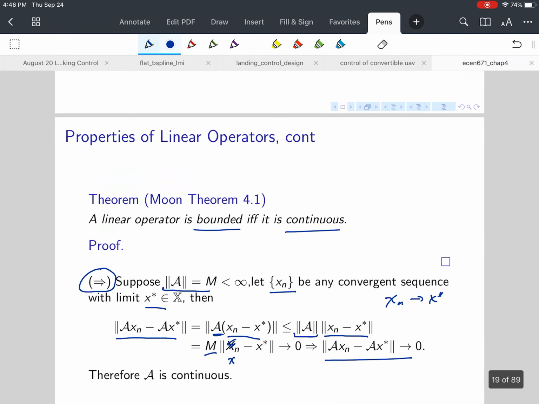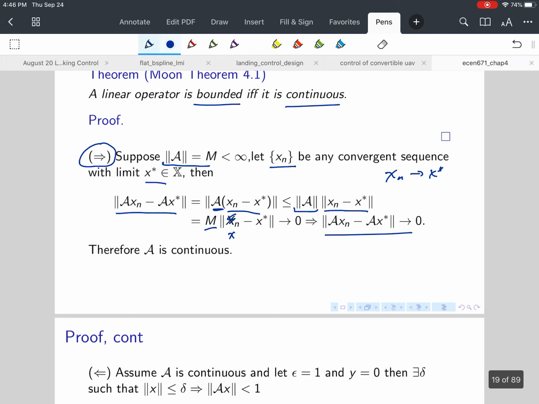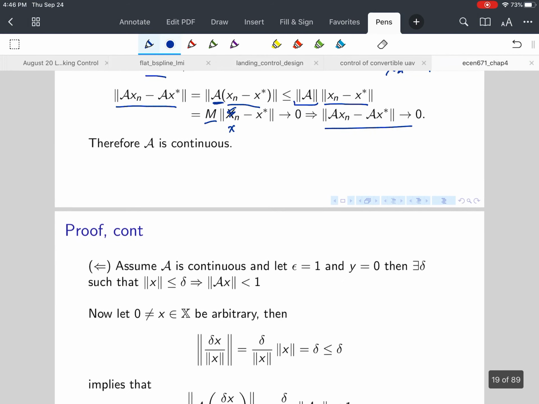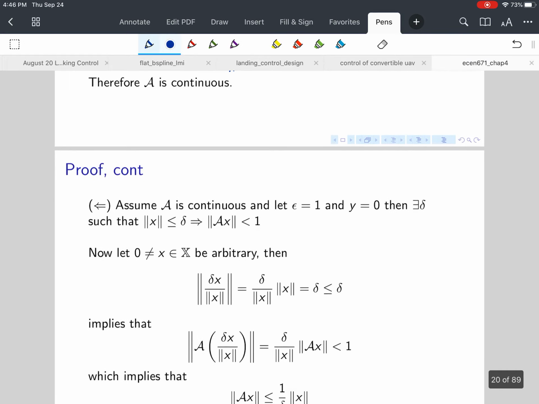Now we want to go the other way. We want to show that if it's continuous, that implies bounded. So continuous is now a sufficient condition for boundedness. So we assume that A is continuous. That means for every epsilon there exists a delta, so that when x and y are within delta, that A x minus A y is within epsilon.